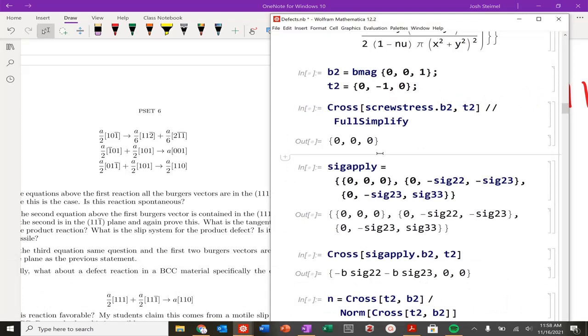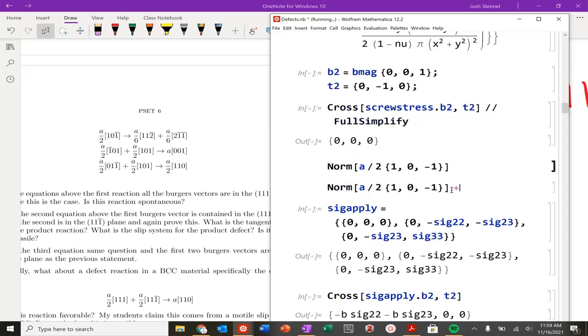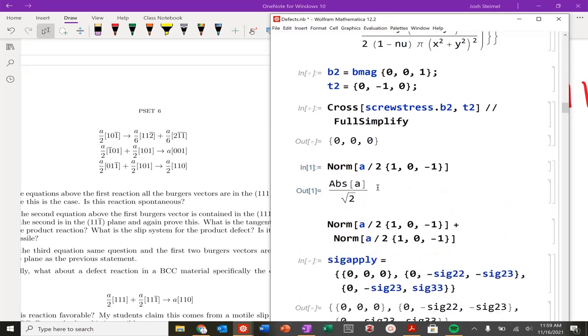So let's go ahead and break this down. Let's write it down. We need the norm. Norm is going to give me my magnitude. So basically a divided by 2, and then I've got 1, 0, minus 1. Let's get that one going. And then we could do the same thing for the norm of this plus, because we are left with a over 6, a over 6.